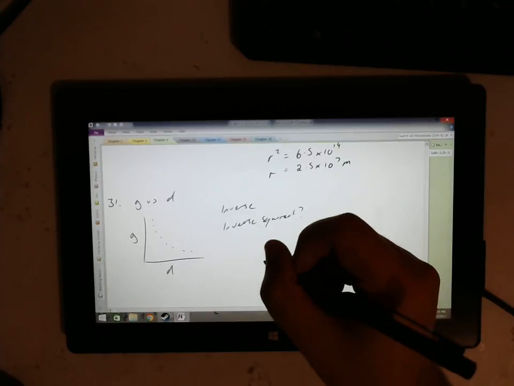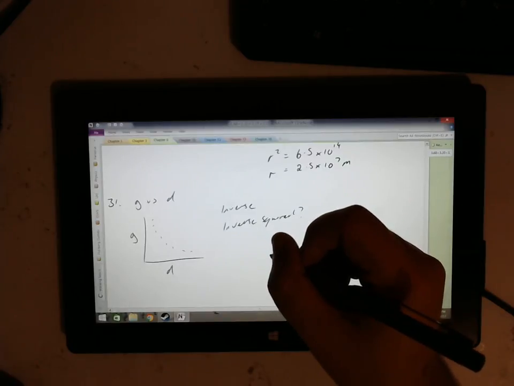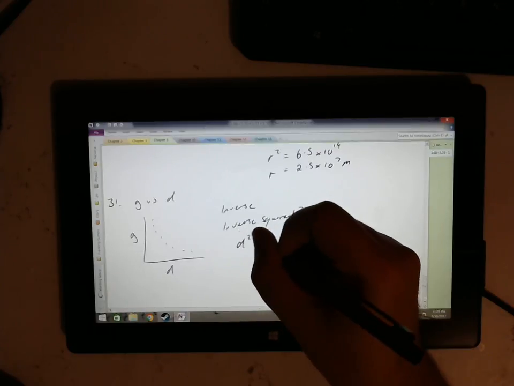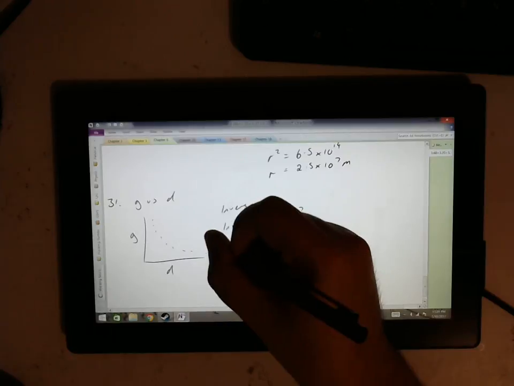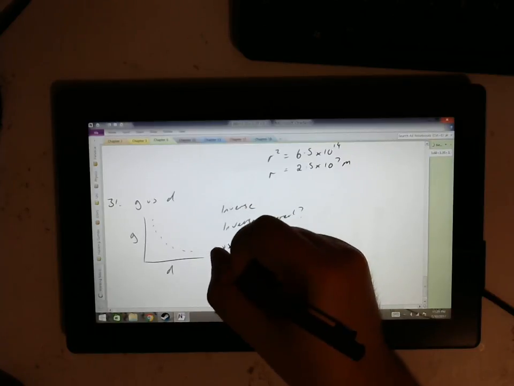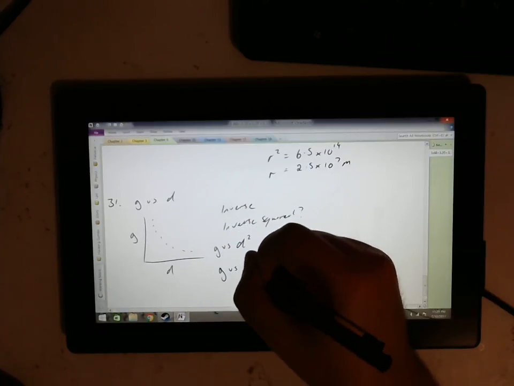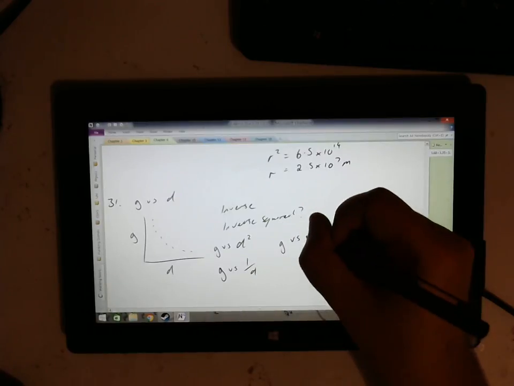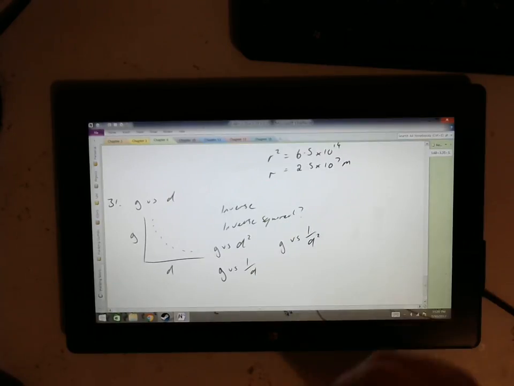So if you would go and take the D values, I did 4 graphs. I did G versus D, G versus D squared, G versus 1 over D, and G versus 1 over D squared.